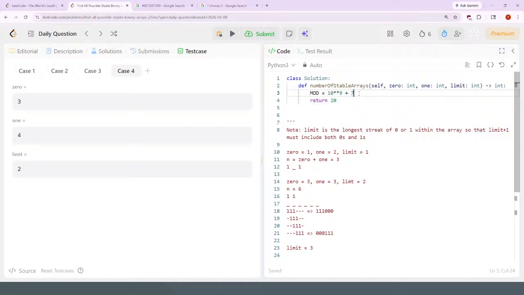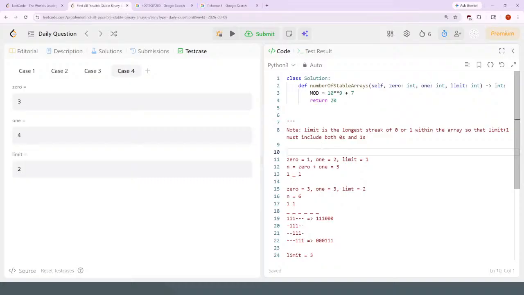Each index state would include the index, and the count of ones maybe, and maybe the current streak of zeros and streak of ones currently. Yeah, so streak maybe.